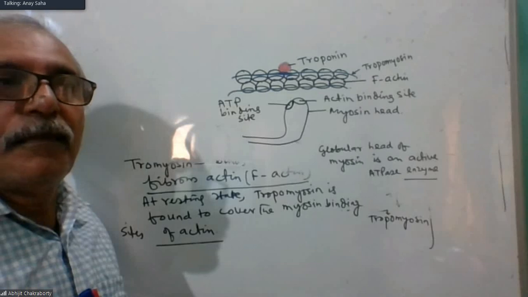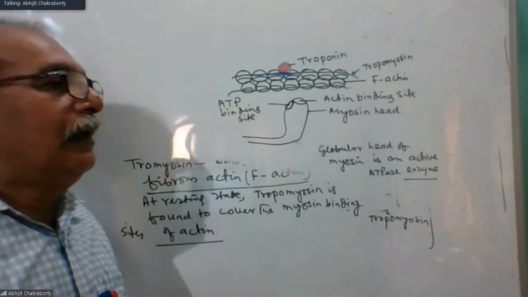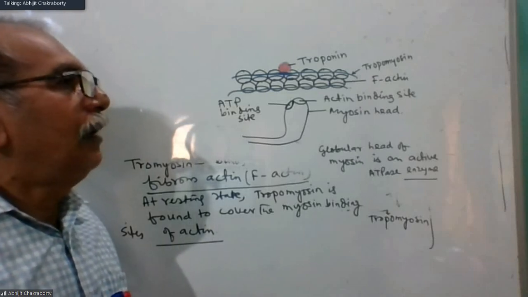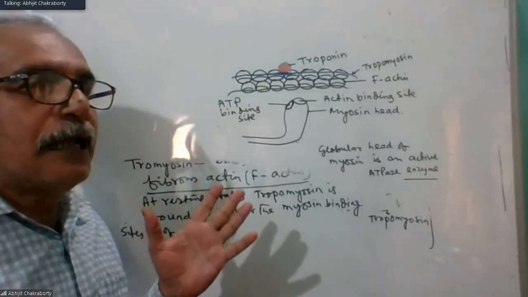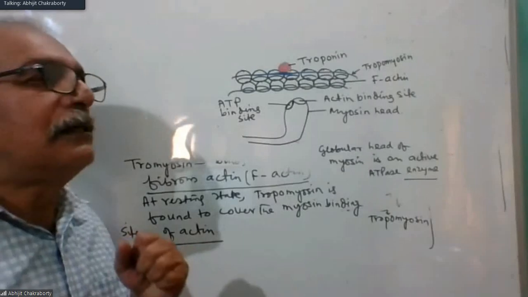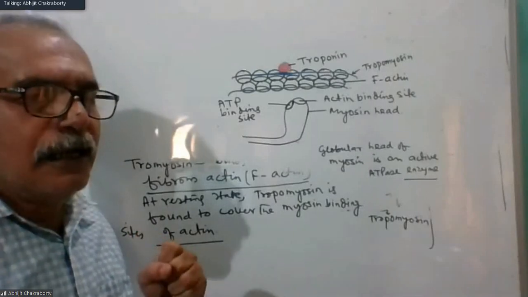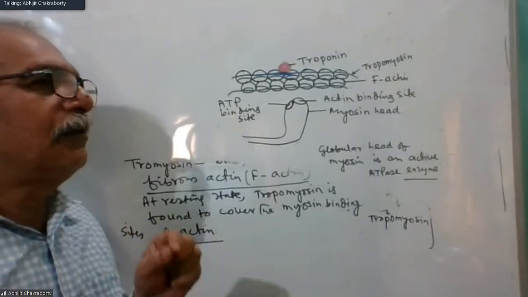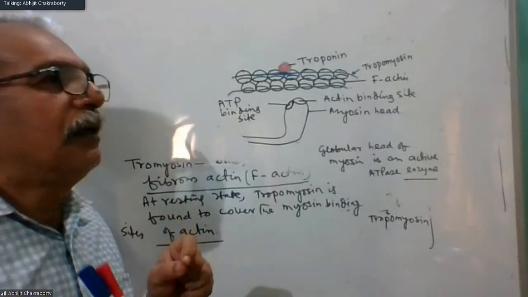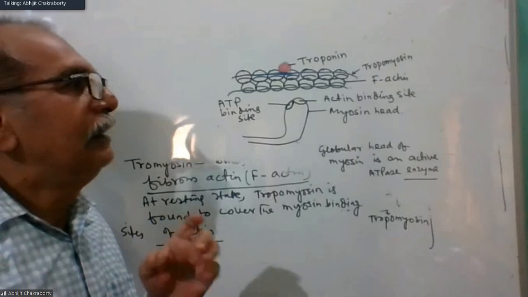Yes, sir. Okay. This is the basic structure. In the next class I am going to discuss muscular contraction, and I hope to show you a very good video so that you can understand what happens here.